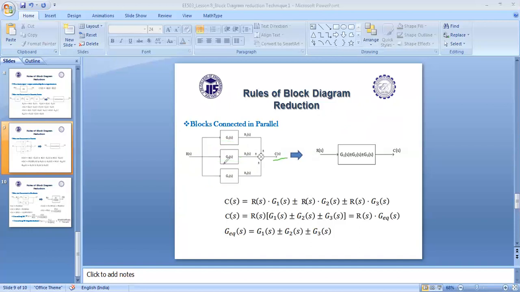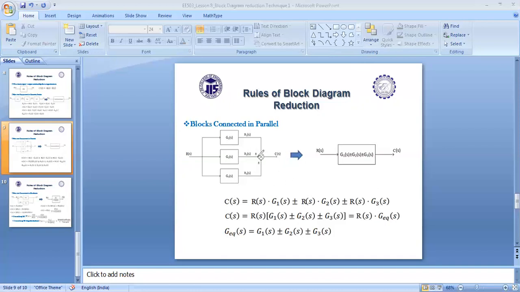Now let us assume the output of G1 is X1, of G2 is X2 and of G3 is X3. If this happens, then X1 is R into G1(s). Similarly, X2 equals R into G2(s) and X3 equals R into G3(s).